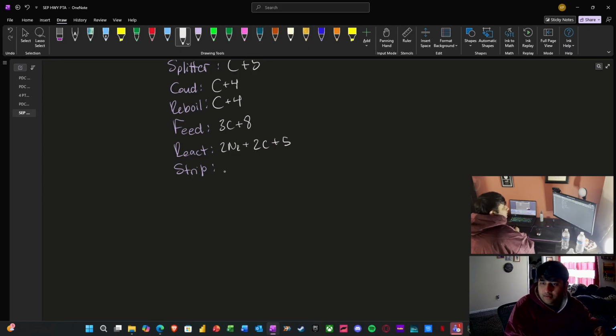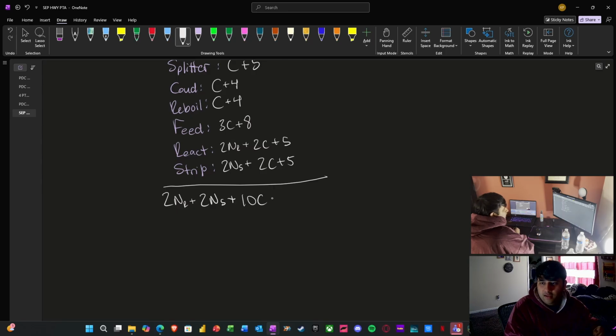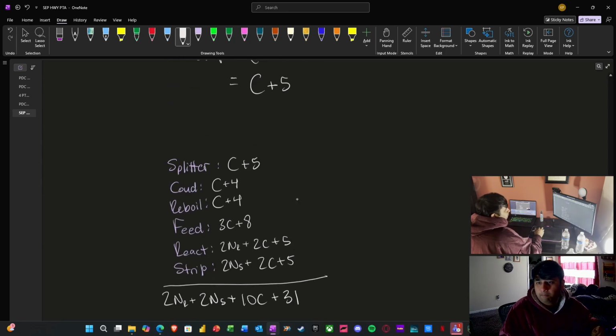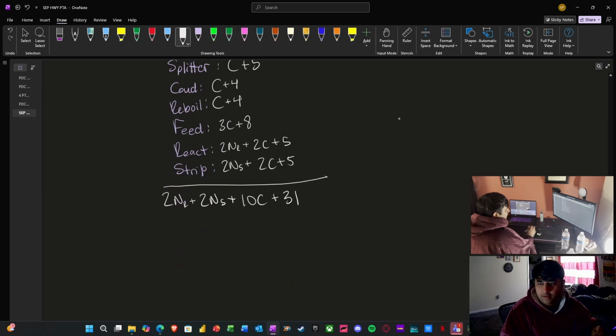It was actually a 5, not a 6. And then 2ns plus 2C plus 5. And what we're left with is 2nr plus 2ns plus, I believe, 10C plus 31. And this is our degrees of freedom for our stages in series.